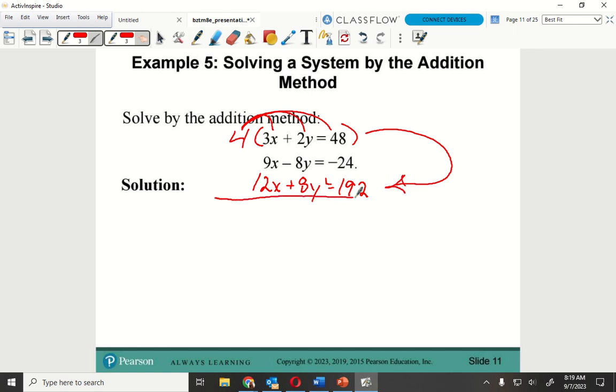So I'm going to combine these together with the addition method. So now I just add straight down. 9x and 12x. What's 9 plus 12? 21, right? 21. Okay, there we go. See what I did there?